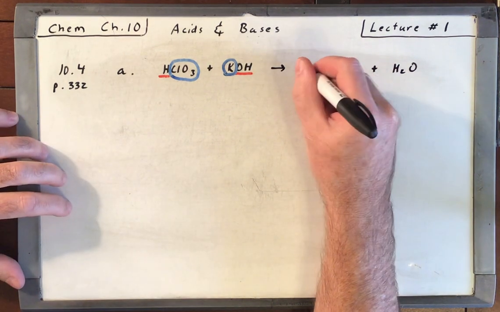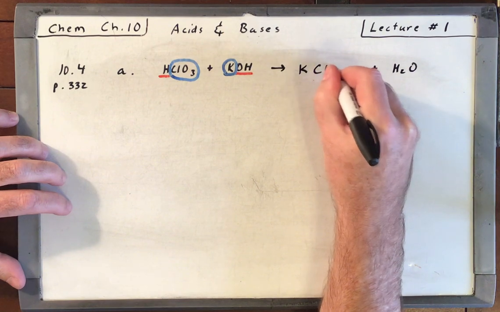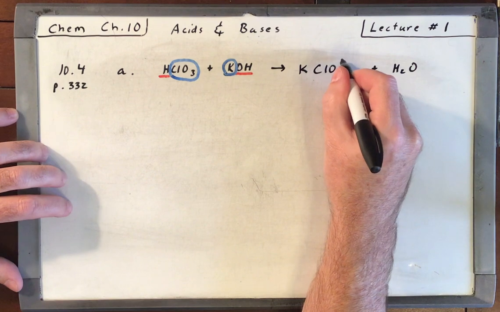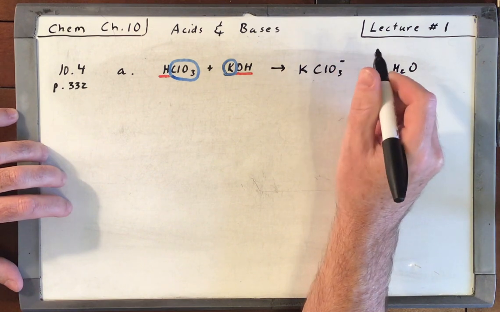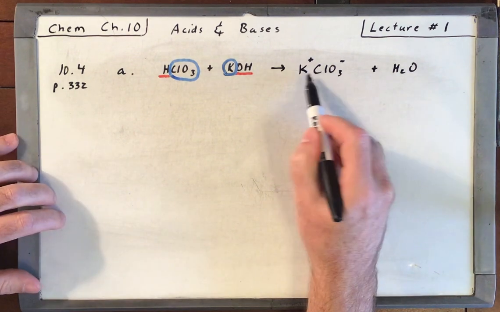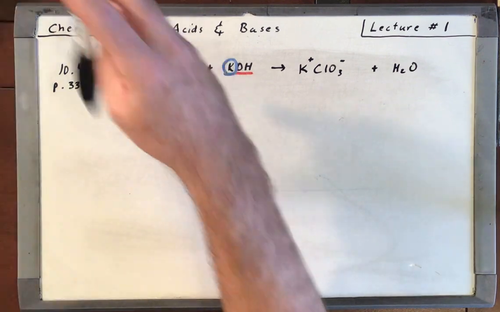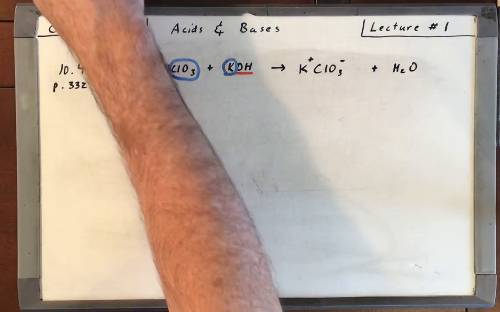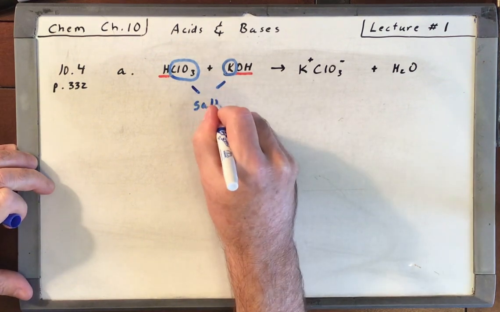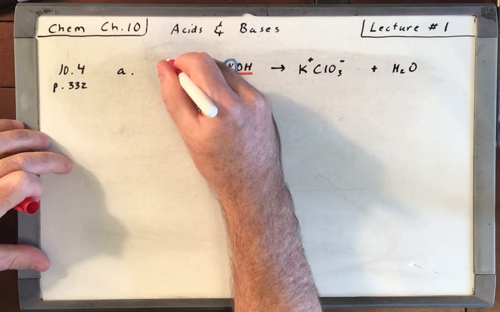So we would have K, again we're going to put the metal first, and ClO3. Now we have to get the formula right. We know that ClO3 has a negative charge, potassium has a positive charge, so KClO3 is actually the correct formula. All right, so blue is the base, blue is what makes up the salt. And then red is where your water comes from.